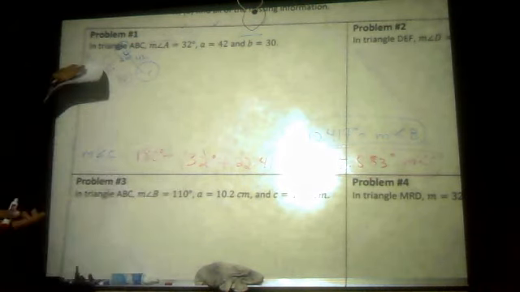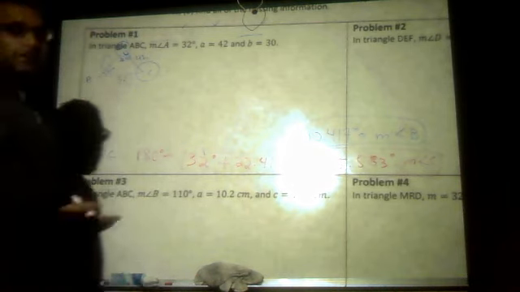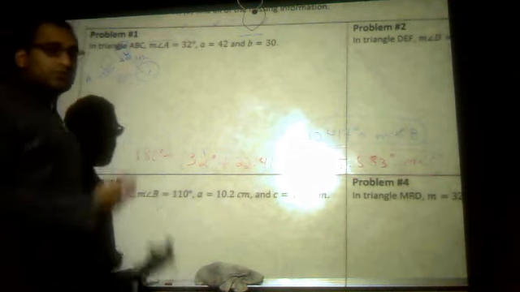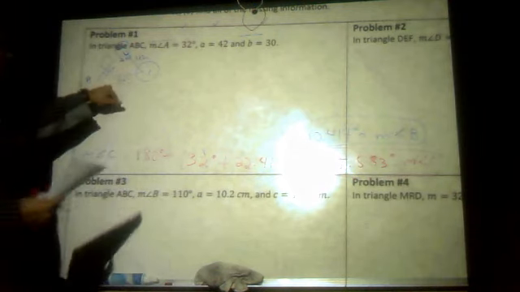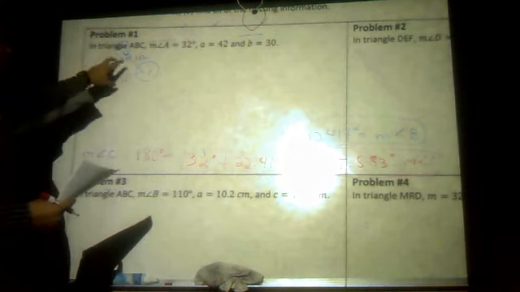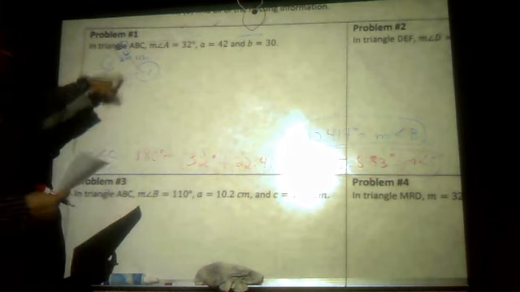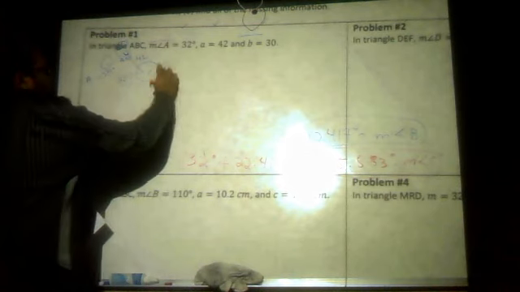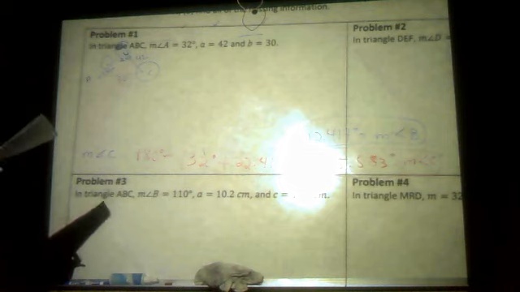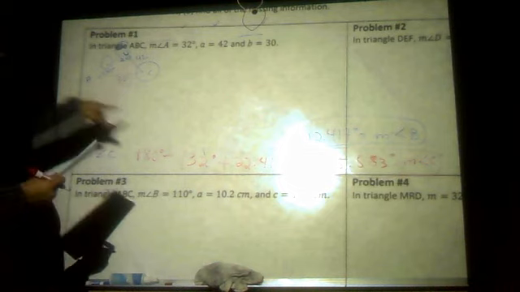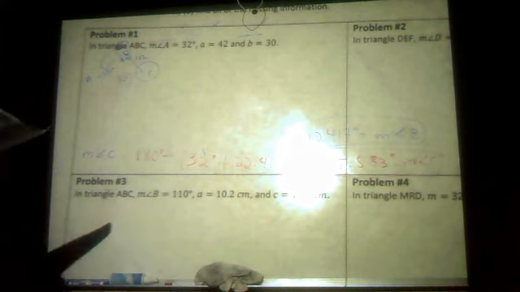We can't use a squared plus b squared is equal to c squared because that's the Pythagorean theorem. It only works whenever we have a right triangle, which we do not have. So how are we going to solve that? Well, I have a side and its corresponding angle, and I also have that angle C that we just found.